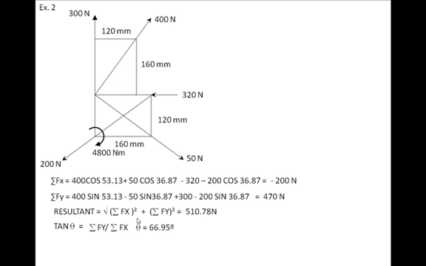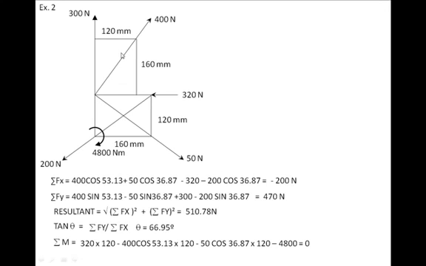And therefore, you have to find out what moments have been caused at origin due to all these transfers. And this is done in this equation. 320 into 120 is clear. Along the line you can easily extend the force, so we have taken 400 as if it is acting here. We have done 400 cos 53.13 and multiplied by perpendicular distance 120.